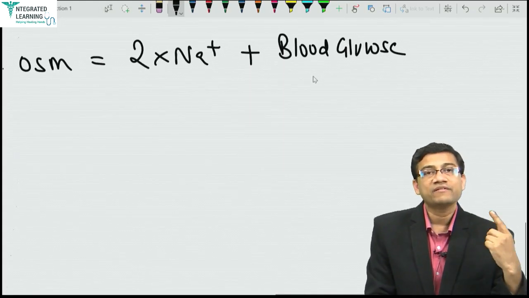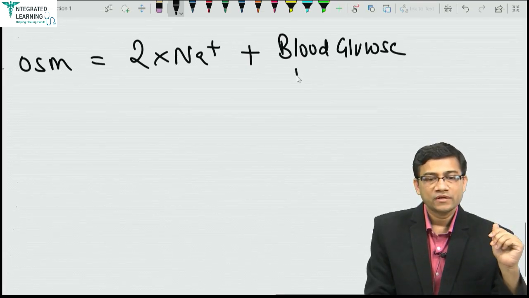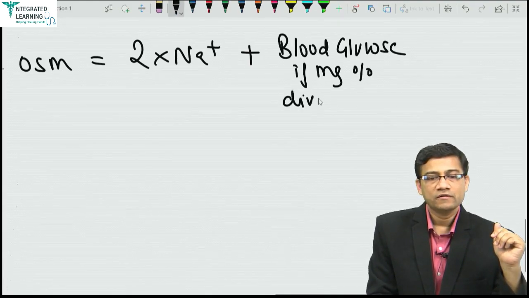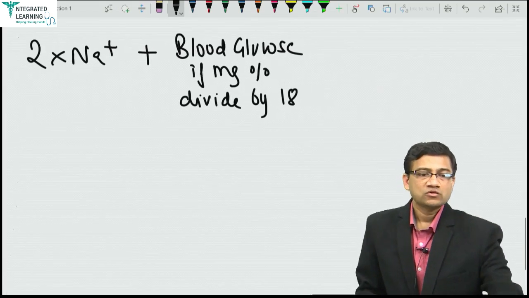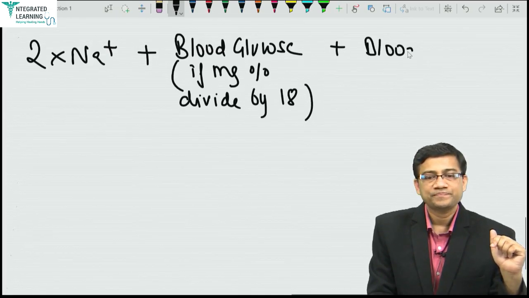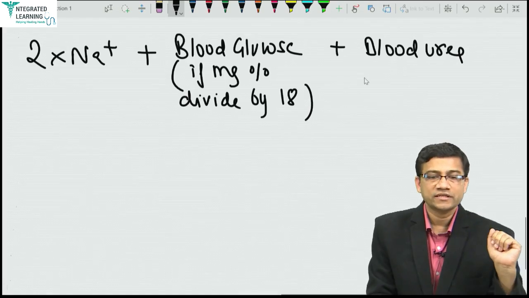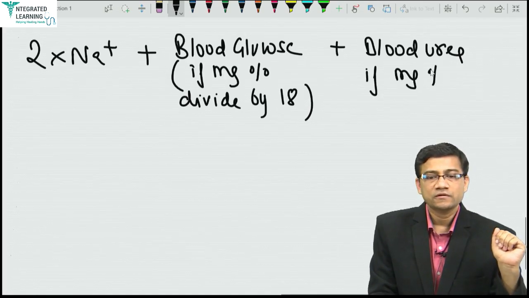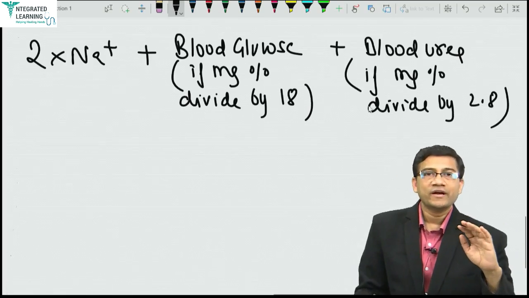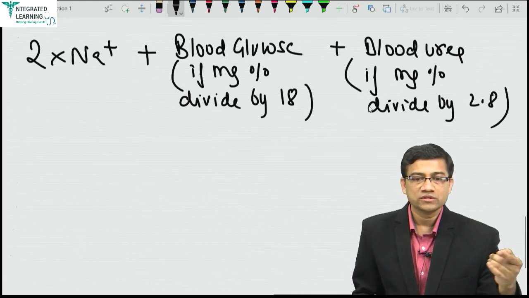But if it is in milligram percent, divide by 18. Plus blood urea nitrogen, again the same. If milligram percent, divide by 2.8. Don't forget this rule. You have to divide by 18 for glucose and 2.8 for urea, okay?